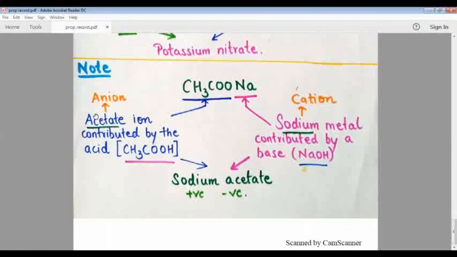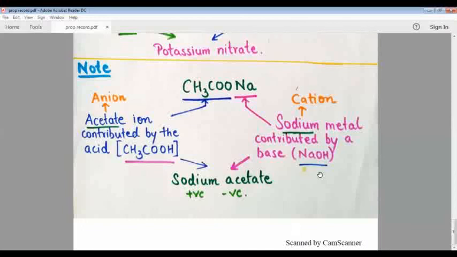So over here, this CH3COO is a negative ion called acetate ion, and it can be contributed by the acid, that is acetic acid, CH3COOH. Sodium can come from sodium hydroxide. Clear with this?